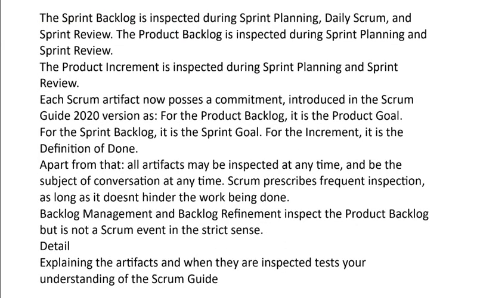Apart from that, all artifacts may be inspected at any time and be the subject of conversation at any time. Scrum prescribes frequent inspection as long as it doesn't hinder the work being done. Backlog management and backlog refinement inspect the product backlog but is not a Scrum event in the strict sense.